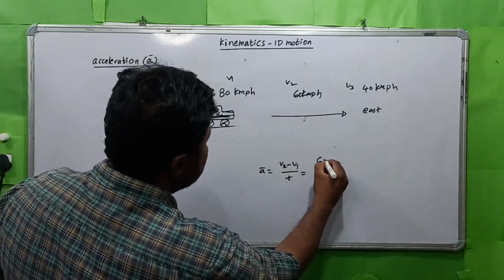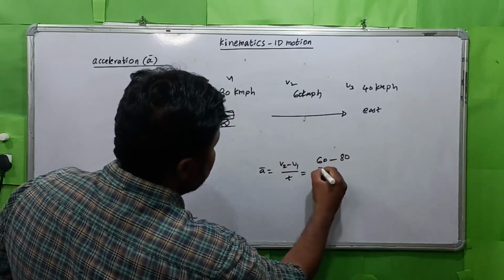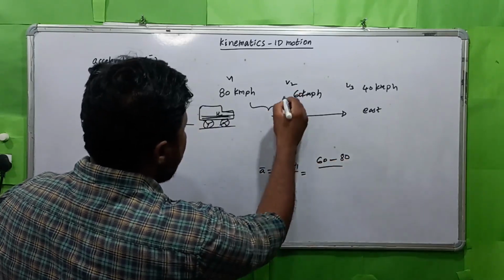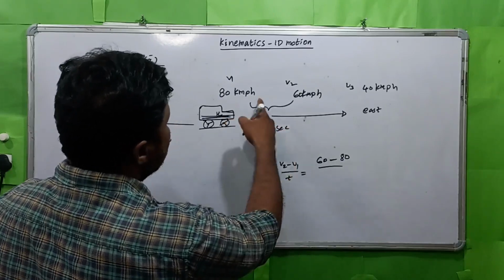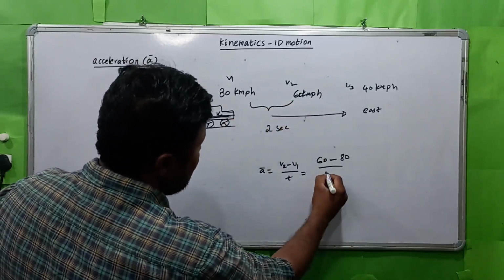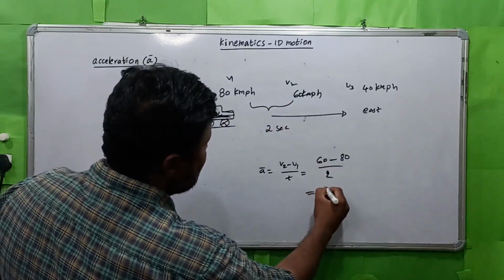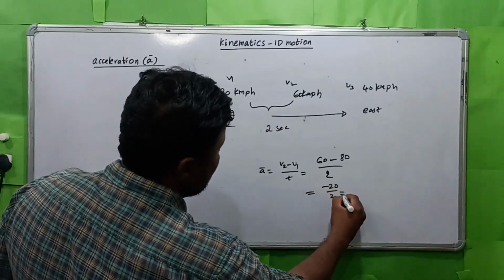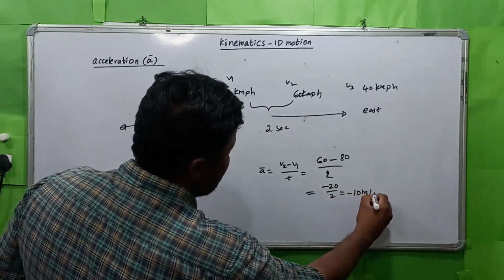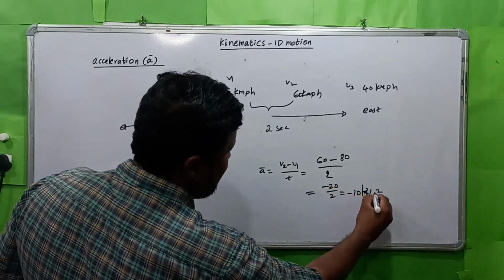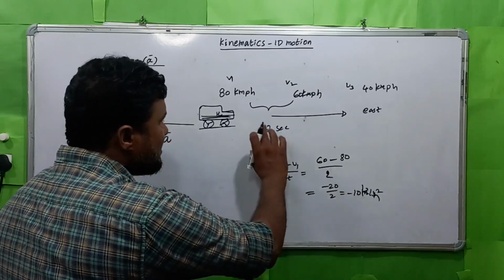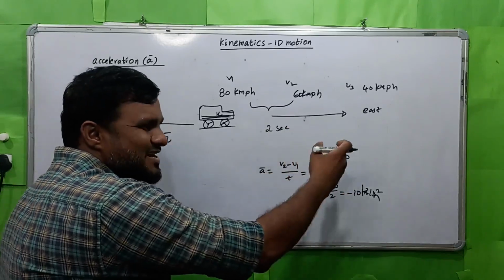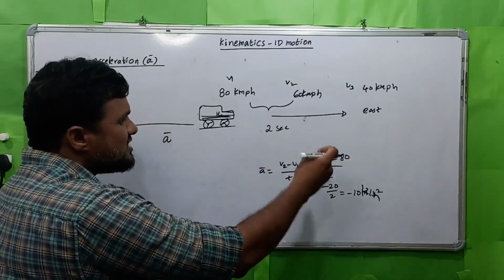What is V2? 60 minus 80 by, suppose it happens in a time interval of 2 seconds, 80 to 60 kilometer per hour. What will you get? You will get minus 20 by 2, minus 10 kilometer per hour square. Negative sign indicates that the car is decelerated. The motion of the car is decelerated motion.